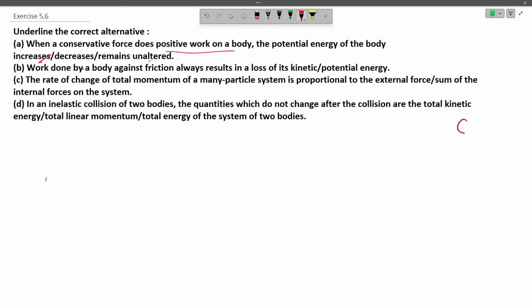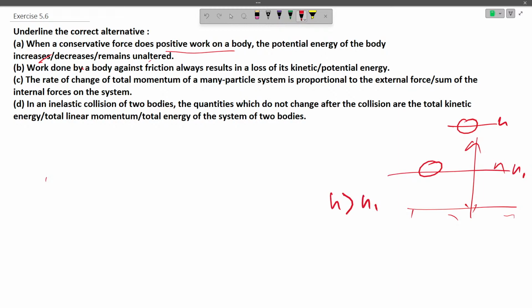Let us see a case over here. A ball is above the ground at a height h. This is the ground level. Now the ball is over here, h1, and h is greater than h1. At h1 the potential energy is lower, and at h potential energy is higher, because we know that potential energy is given by mgh.